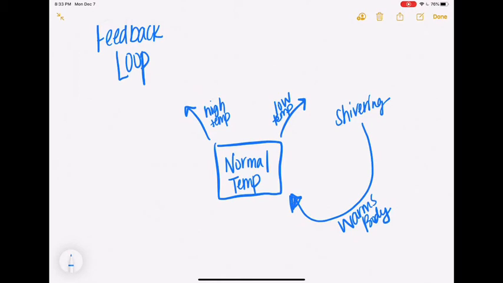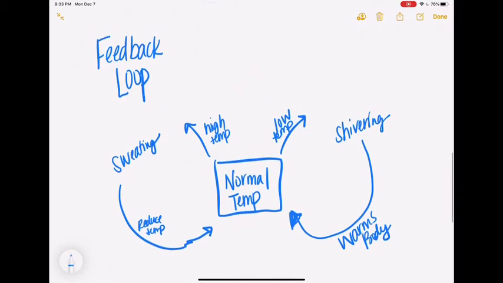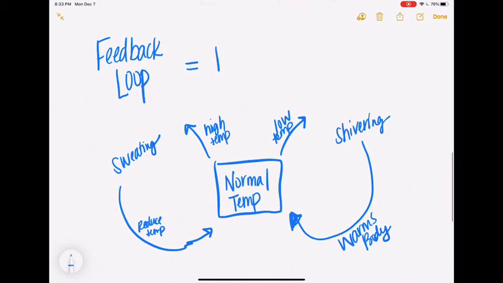On the opposite, if your body temperature gets too high, instead of start shivering, your body starts sweating, okay? That helps reduce your temperature, which brings you back to normal temperature, okay? This is an example of a negative feedback loop, okay?